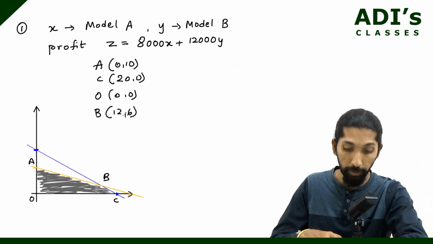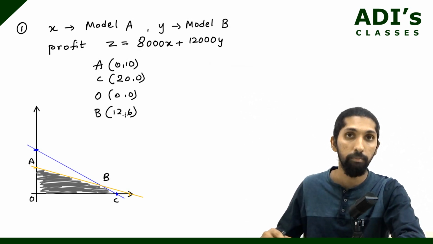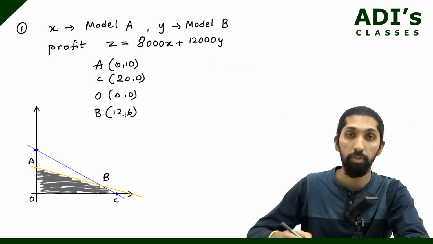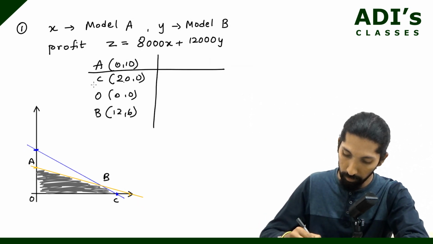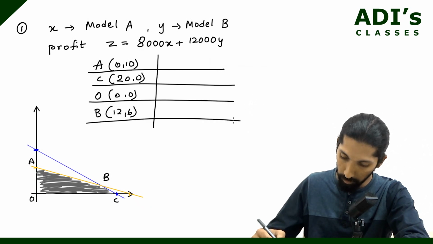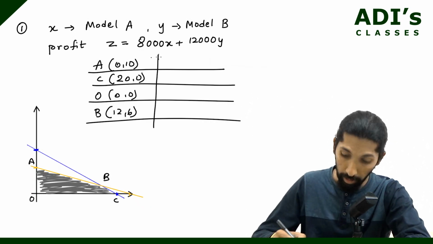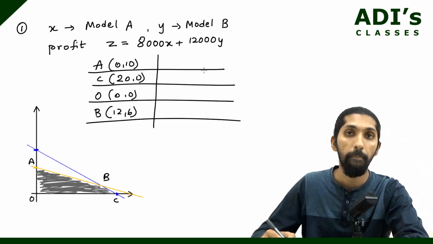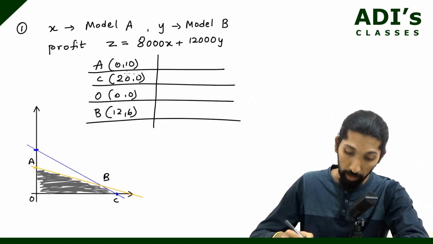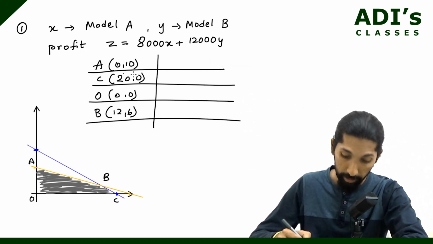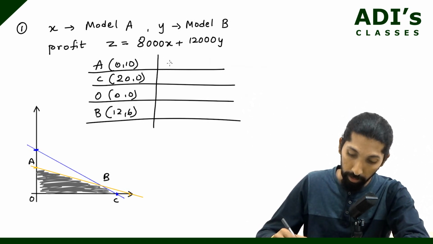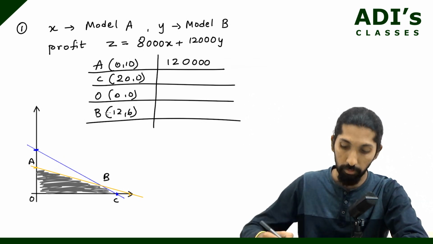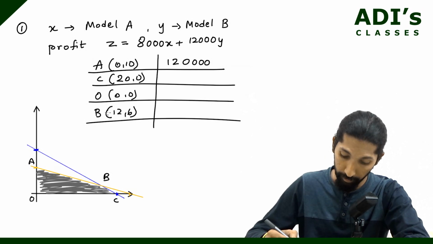Now what do we have? We have the profit function, the objective function. Substitute these values. The function is right here, 8000x plus 12,000y, correct? The first one, if you put A 0, 10, 8000 into 0 is 0, 12,000 into 10 is 1,20,000.